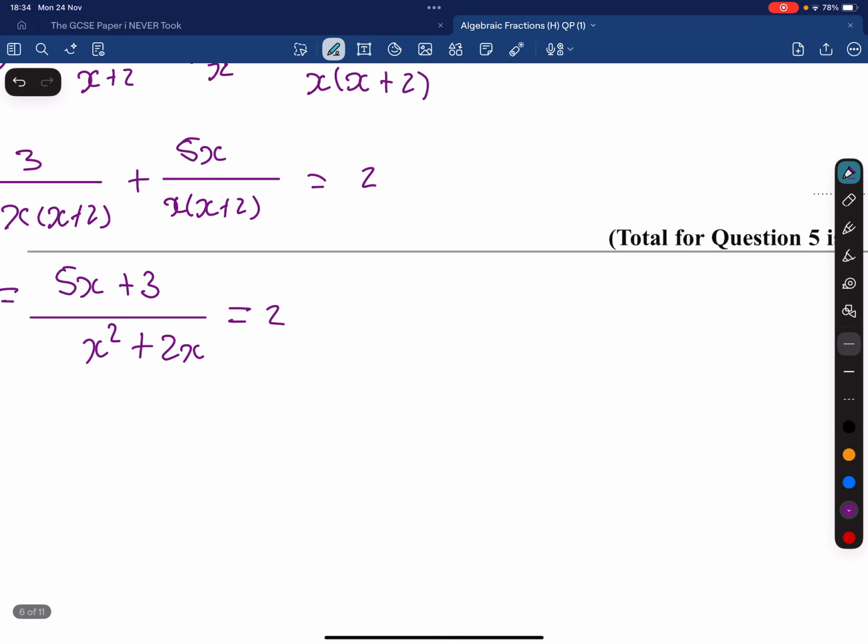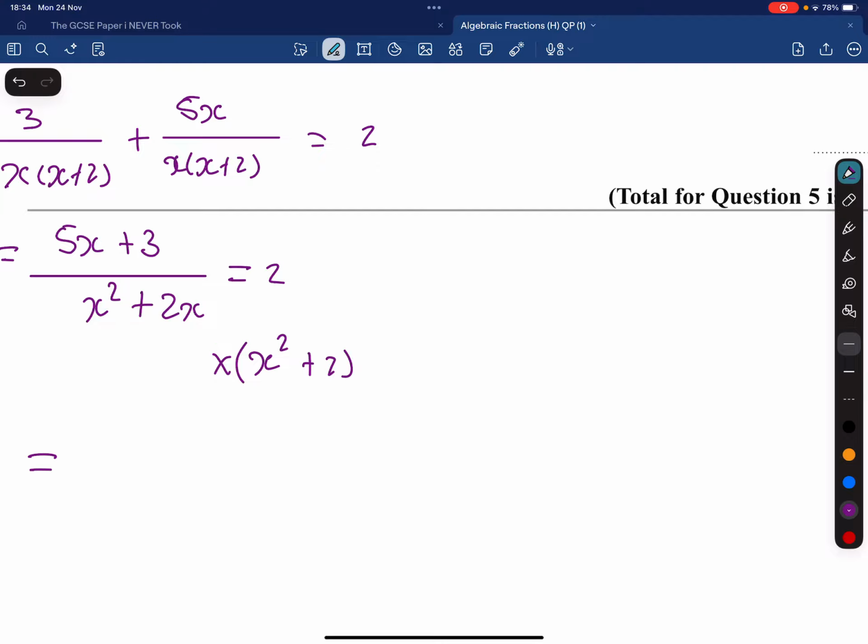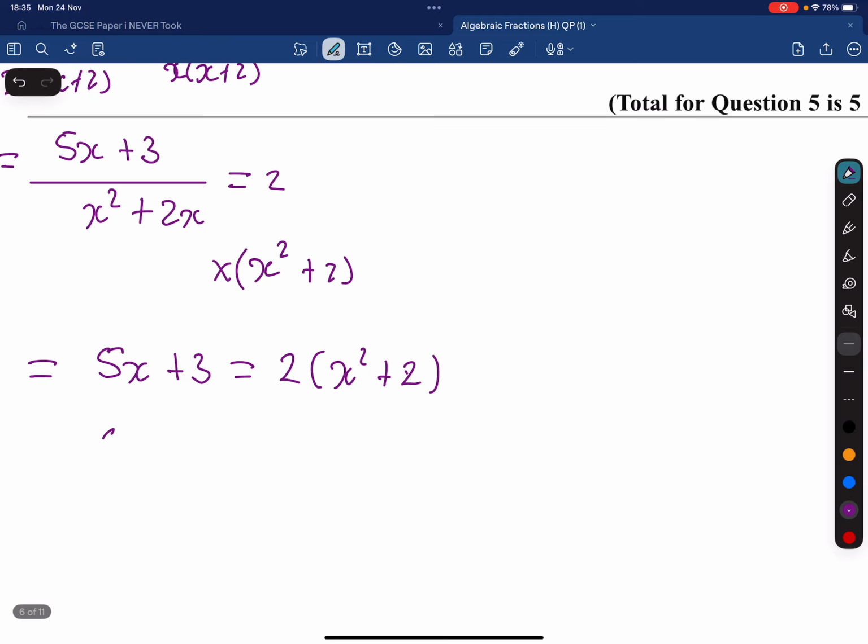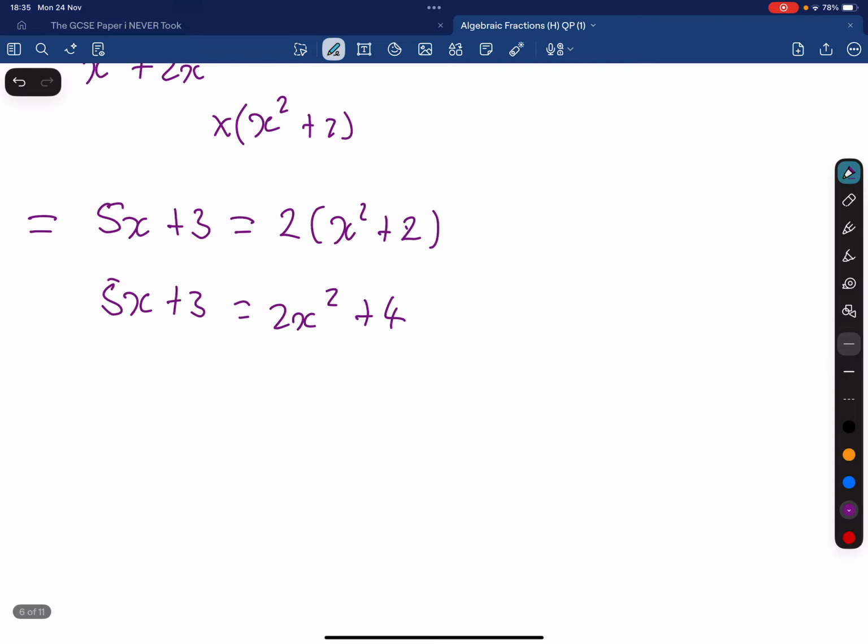So now I need to multiply both sides by x squared plus 2. That's not an x, that's a multiply, by the way. So 5x plus 3 is equal to 2x squared plus 4.